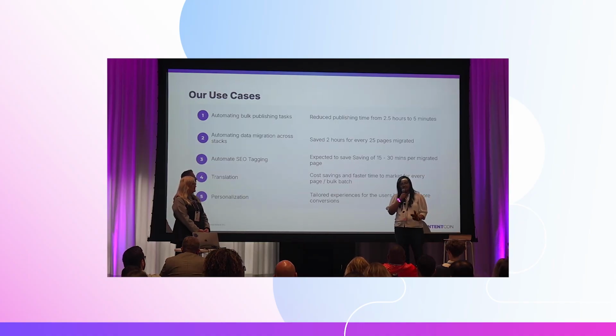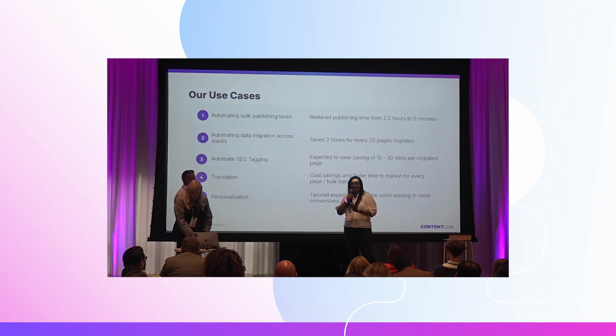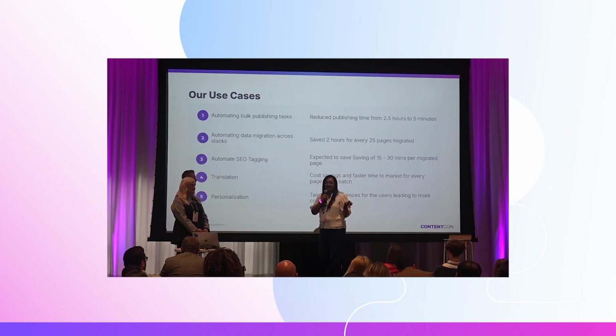Our SEO team has a lot of parameters and definitions for tagging and classification, but this needs to be applied to a whole worth of pages, right? We are talking about hundreds and thousands of pages.